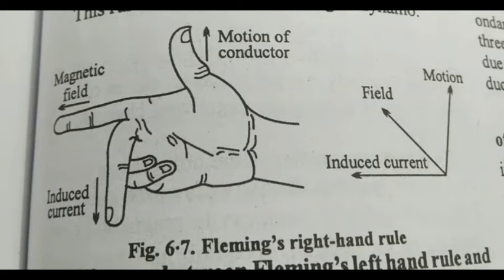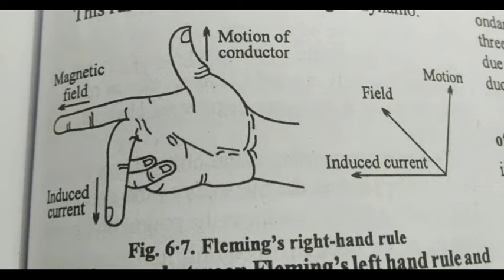Now our next topic is Fleming's right hand rule. So what is Fleming's right hand rule? If we stretch the forefinger, central finger and thumb of our right hand in mutually perpendicular directions, then if the forefinger points the direction of field, the thumb along the direction of motion of the conductor, then the central finger would give the direction of induced current.